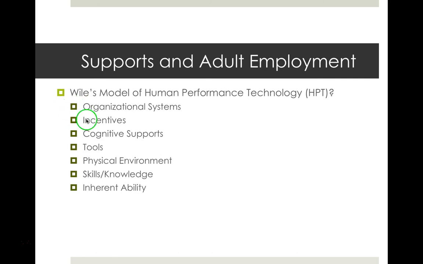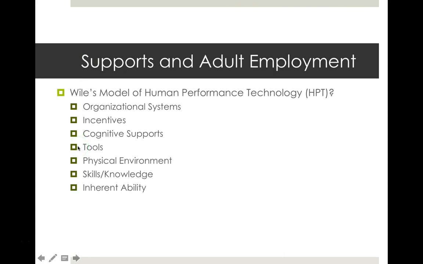Cognitive supports are just ways that help our brain when we have cognitive deficits. So reminders to transition, lists, checklists, some type of schedule for an individual so they can remember parts of their job when they're employed. Tools are any type of physical tool.